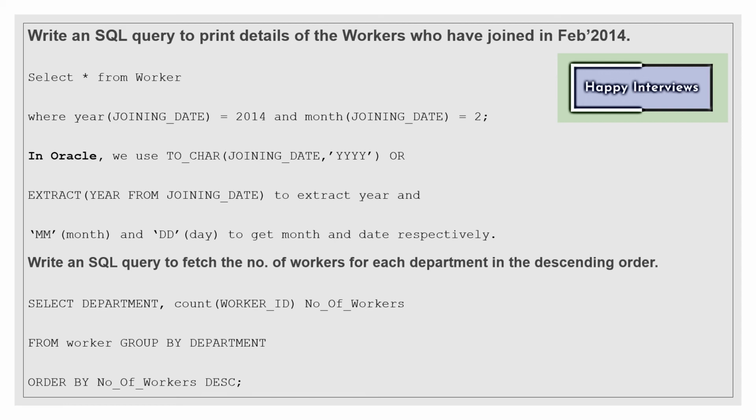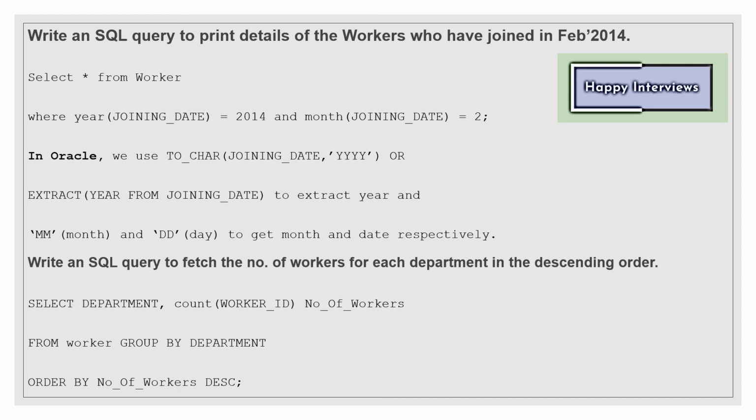Next is: write a SQL query to fetch the number of workers for each department in descending order. Here, what it is doing is counting the number of workers from each department. Each department means it will form groups: for every department, if 20, 30, 40 workers are working, we are forming a group.